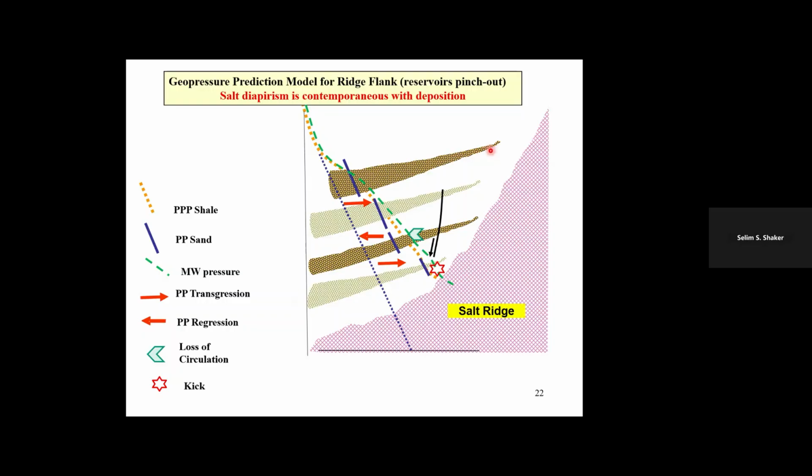And 70% of the successful exploration targets come from this segment here. The salt is growing up and the sediments lay down on the seafloor. And here is the pressure profile, transgressive, regressive, and where you can have a risk here or no risk here.